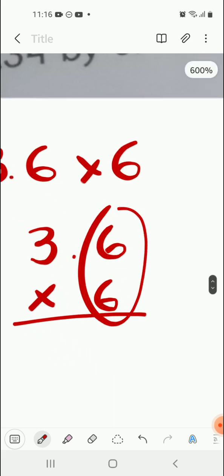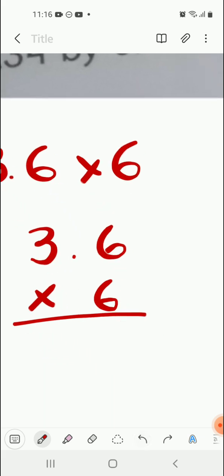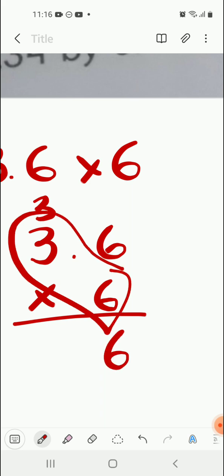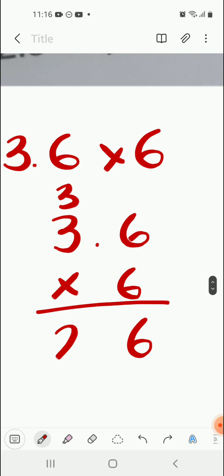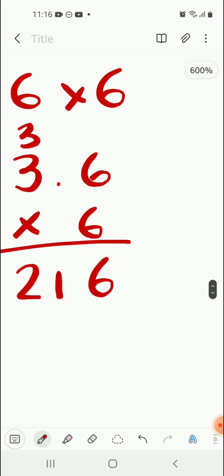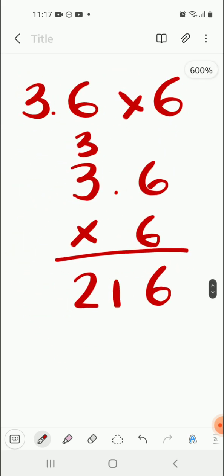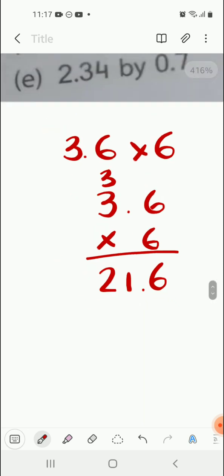So 6 into 6, 36. And 6 into 3, 18, plus 3, 21. Now you can see there is only one number after the decimal point, that is, there is only one decimal place. So insert the point after one number. Whatever is the decimal place of a number, you need to have that same decimal place in the answer itself.